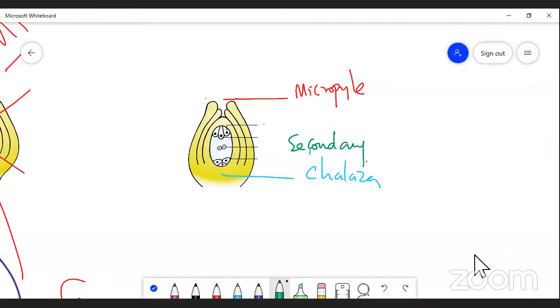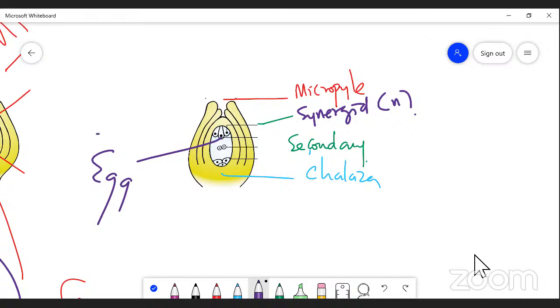And these are the synergids. There are 2 nuclei which are occupied as synergids. These are haploid in condition. In addition to that, at the center you find the egg cell, right?